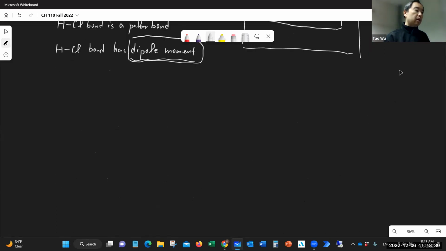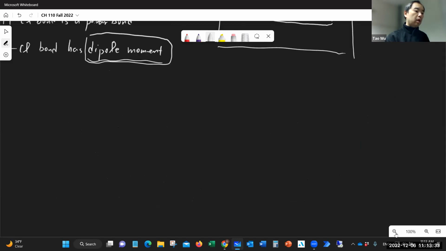And the last concept we talked about last time was the geometry of the molecule.